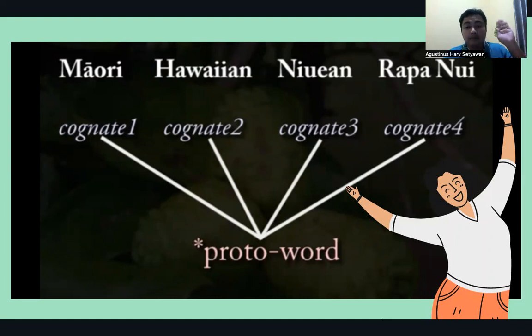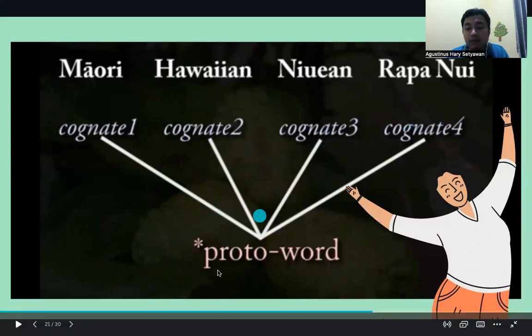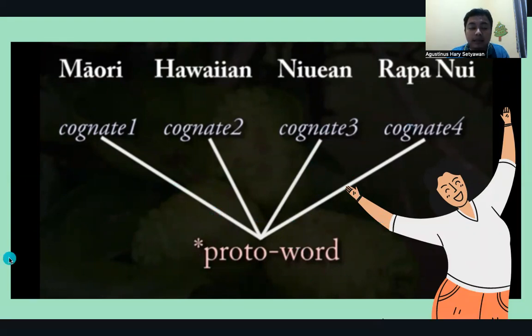From Maori, Hawaiian, Niuean, and Rapa Nui: cognate 1, cognate 2, cognate 3, cognate 4, and then they find the proto word. What is the proto word? You can read step by step slowly to understand this analysis.